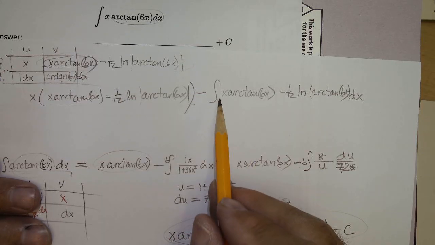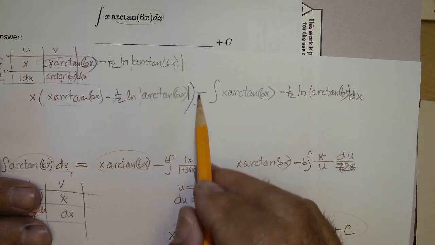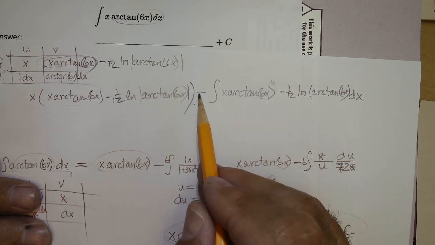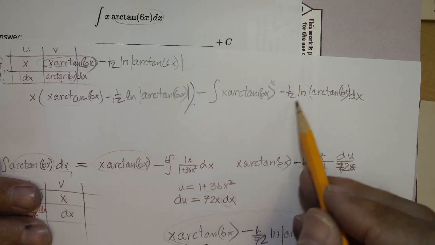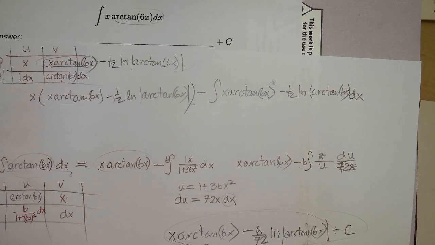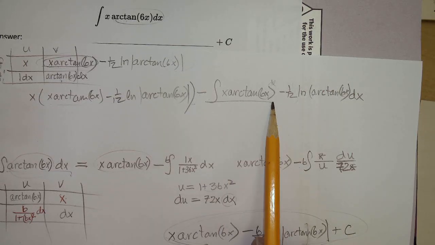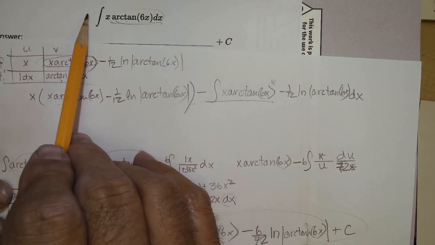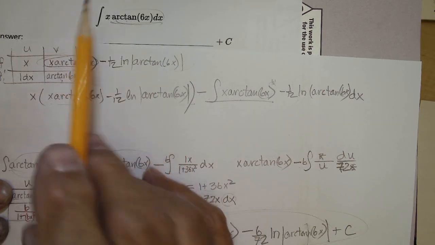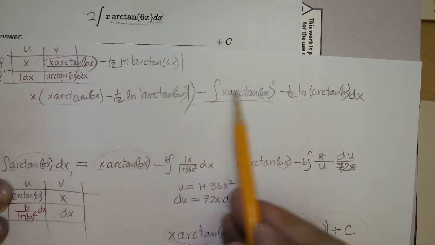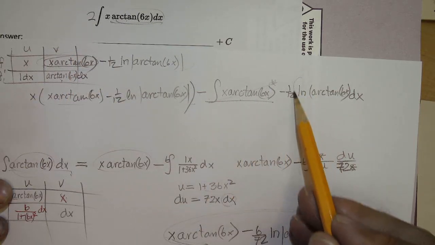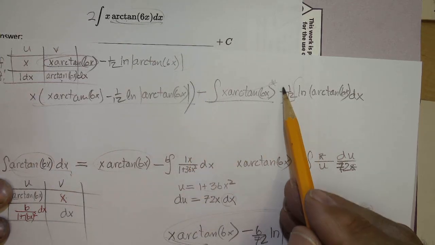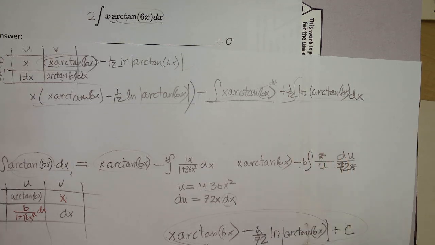And this could be split up. This could be the integral of this dx and minus plus the integral of this dx. This is what we started with. So we could add that to this side, and we get 2 of these would equal this minus plus 1/12 antiderivative of this.